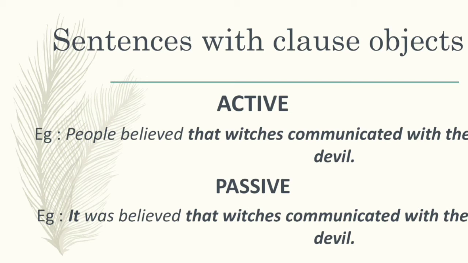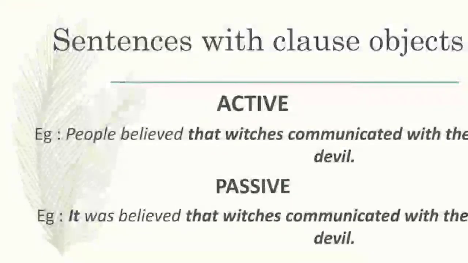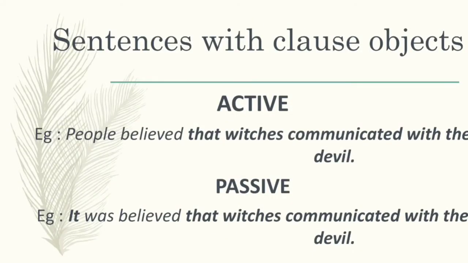People believed that witches communicated with the devil. So, people believed that, so a conjunction has come and witches communicated with the devil. Another sentence is conjoined by this conjunction, that is how it became a clause. So that witches communicated with the devil, that becomes the clause of this sentence.